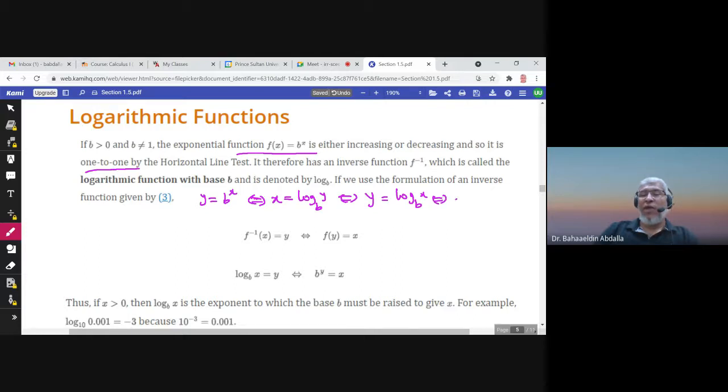And finally, we write y as f inverse of x. So f inverse of x is log x to the base b. So if f of x is b to the power x, then f inverse of x is log x to the base b, and thanks to this definition, if x equals b to the y, then y equals log x to the base b.